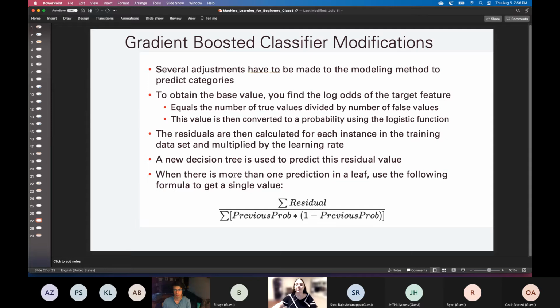When there's more than one prediction in a leaf, it uses this in order to find a single value from that leaf: the sum of the residuals over the sum of the previous probability times 1 minus the previous probability. And the closer it is to 1, it takes the 1. If it's closer to 0, it has the predicted value of 0.